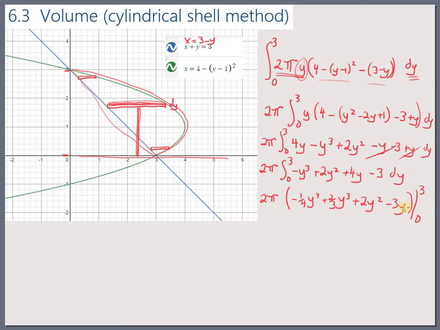Plugging 0 into all of that is just going to give me zeros, which is nice. So my final answer is going to be 2 pi times what I get from plugging in 3. So 3 to the 4th is 81. So minus 81/4 plus, let's see, 3 cubed is 27 times 2 is 54/3.